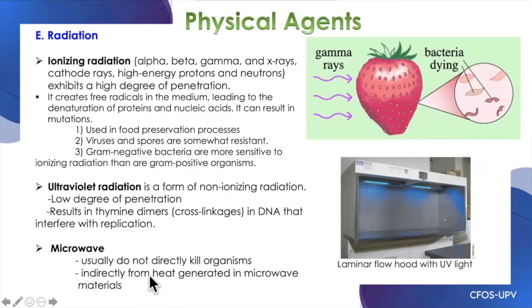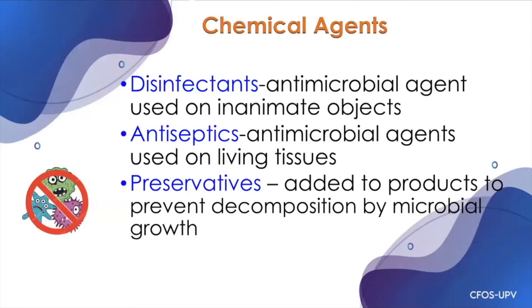They kill indirectly through the heat generated in the material. When you put food in the microwave, it heats up the food, and that heat causes protein denaturation and DNA denaturation in the bacteria present in the food. That is why microwave killing is said to be indirect.